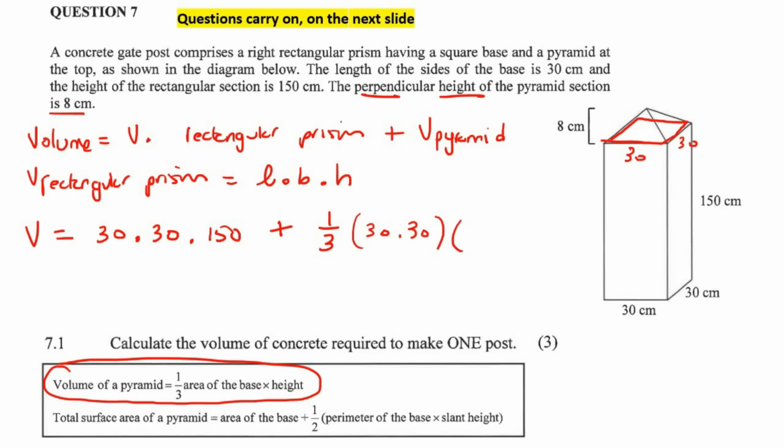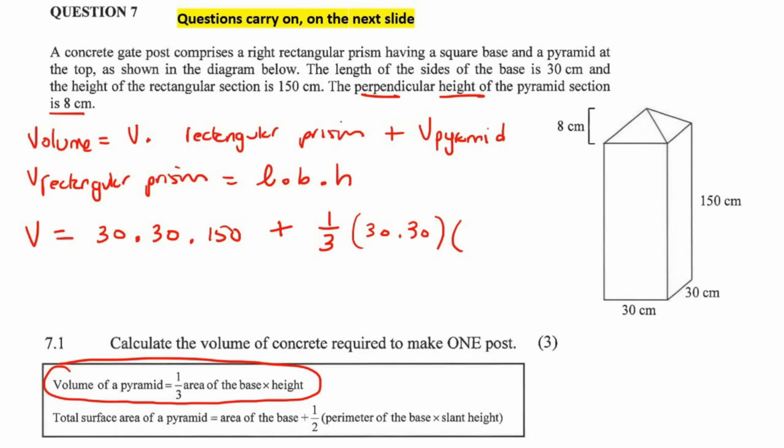And then the height of the pyramid. Now some students get confused, like what is the height of a pyramid? If I draw the pyramid from the side, is it the part that goes up along the side, or is it from the middle straight down to the bottom? Yes, it's the one that goes from the top down to the bottom when we are looking at volume.